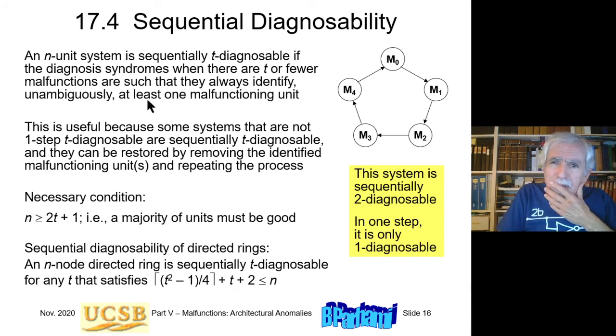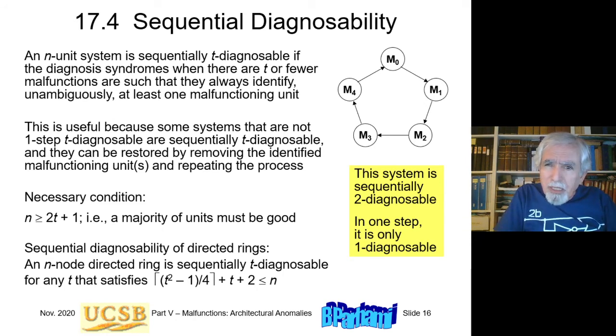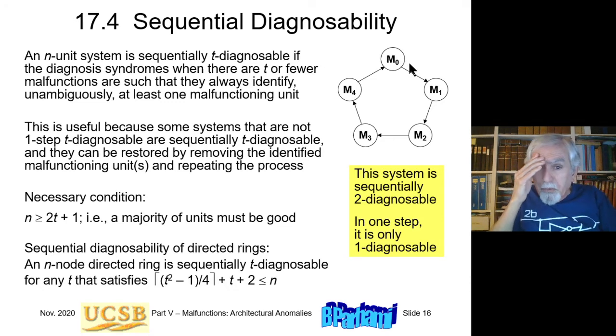Okay, so for example, this is a 5-node unit. And we know that it's not one-step 2-diagnosable because each unit is tested by just one unit. But it is sequentially 2-diagnosable.